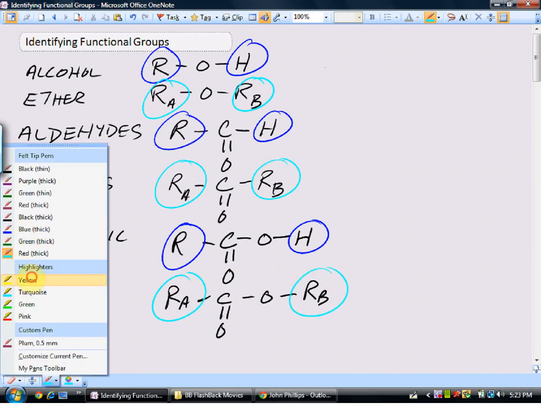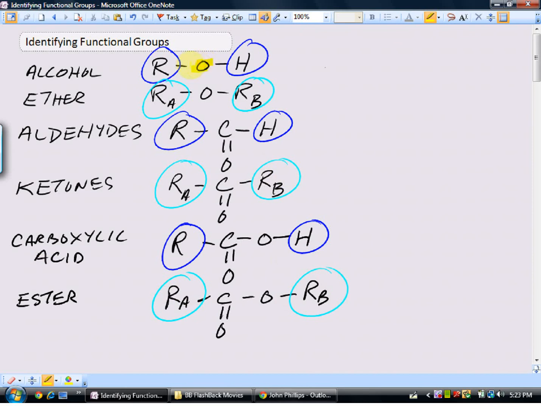Again, the distinguishing feature is that central connection point. Notice how that is the thing that differs between the alcohols and ethers, the aldehydes and ketones, and the acids and the esters. All right? Good. I hope that makes a little bit of sense to you.